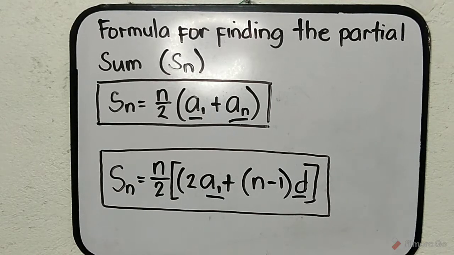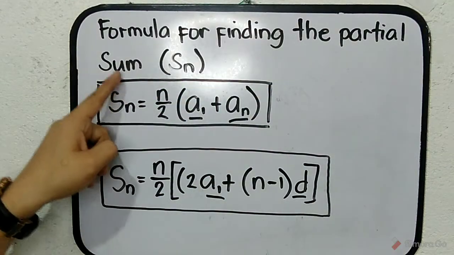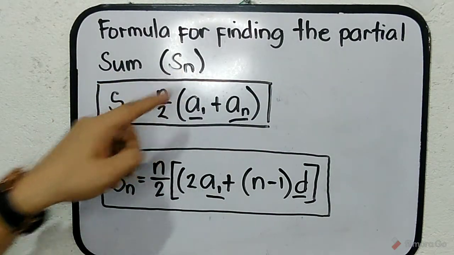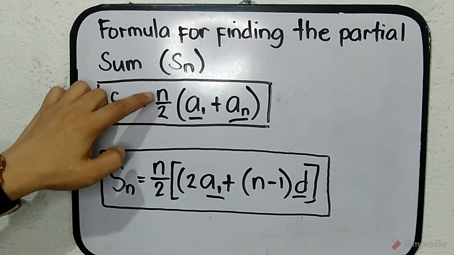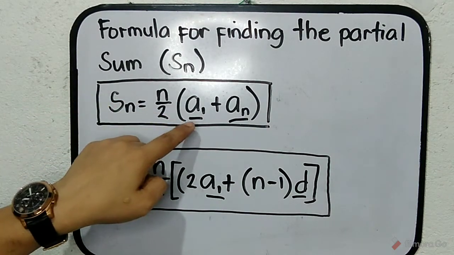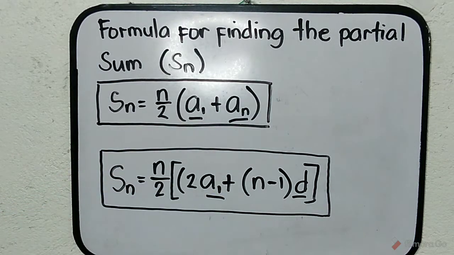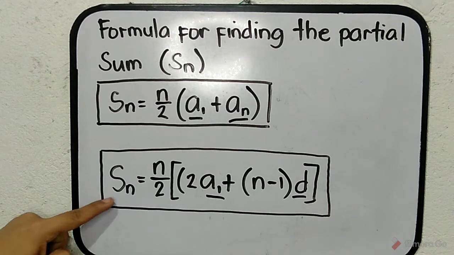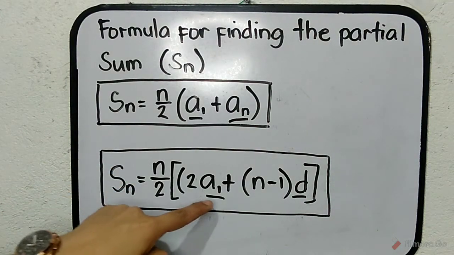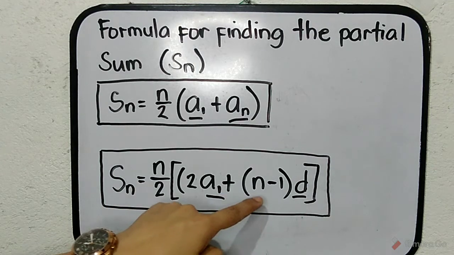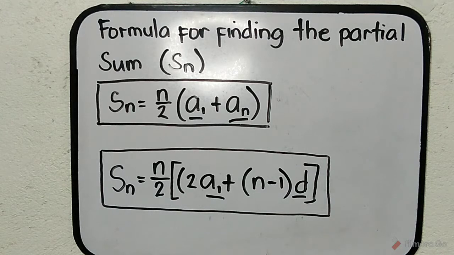So once again, the formula for finding the partial sum or S sub n, pwede tayong gumamit ng S sub n equals n over 2 times quantity a sub 1 plus a sub n. Pwede rin tayong gumamit ng S sub n equals n over 2 times 2a sub 1 plus quantity n minus 1 times d or common difference.